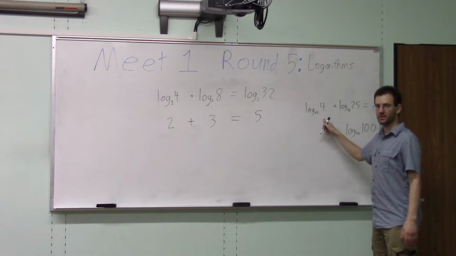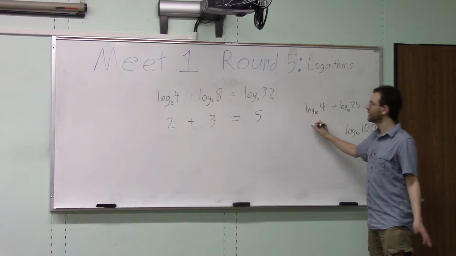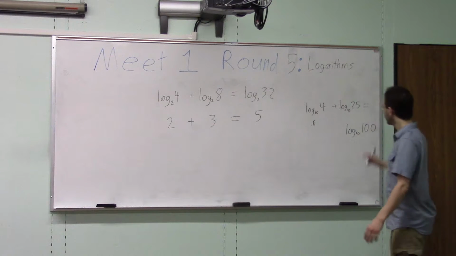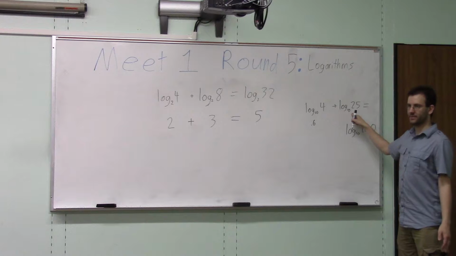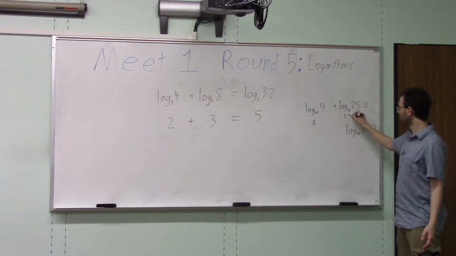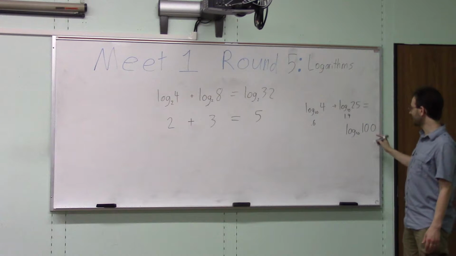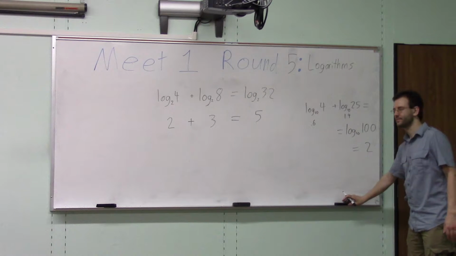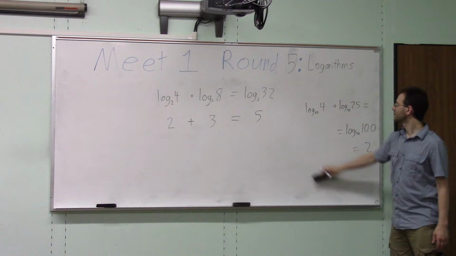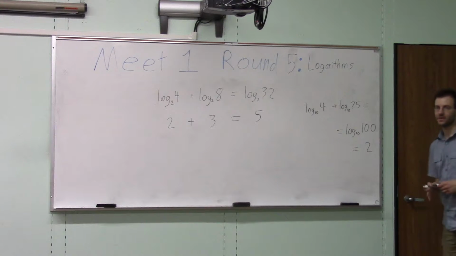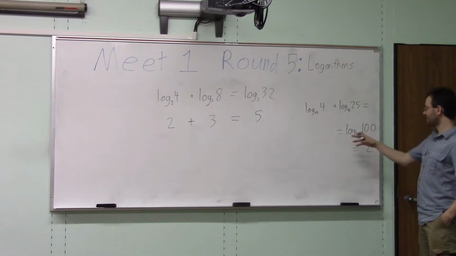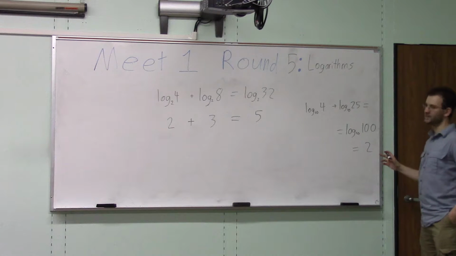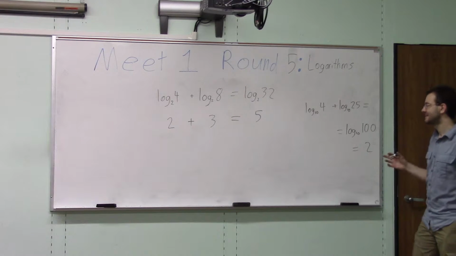This is less than a single 10. It's probably like 0.6. And this is more than a 10, but way less than 2, probably about 1.4. And you add them together, you will end up with 2. Because you can combine them multiplicatively. The number of 10's in 4 plus the number of 10's in 25 is the same as the number of 10's in 100, which is there are 2 10's in 100.